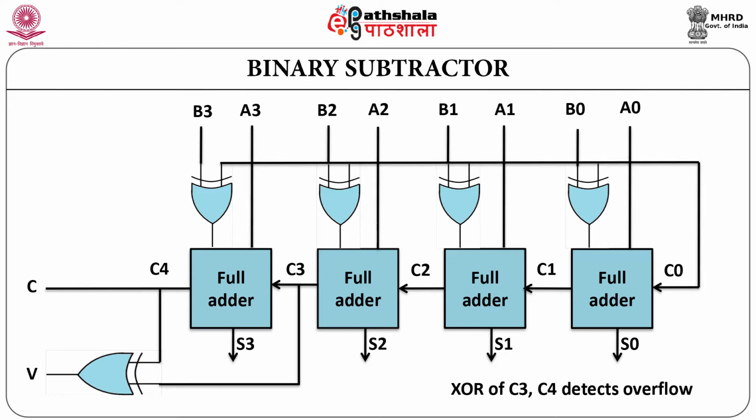Similarly, the process is carried out for the other bits and the full subtraction is obtained. Suppose the second number is bigger than the first number, then overflow is generated. This is indicated by V, which is again obtained by using one exclusive OR gate, to which the C3 and C4 carries generated by the full adders are applied. So, even though the full adders are used, the circuit works as the binary subtractor.